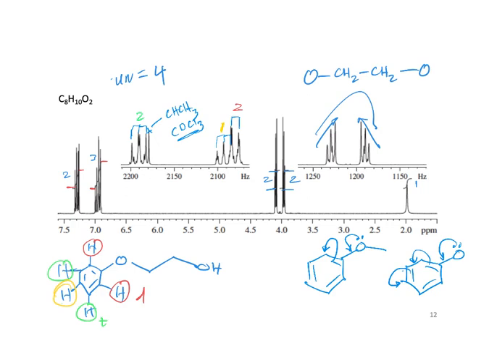So we end up with a delta minus on these positions, and this one shows a delta minus over here. So when we build up a negative charge, does that cause shielding or deshielding? Shielding, and it moves upfield. And so that's why these two are more shielded. And they're ortho and para to the electron donating group.